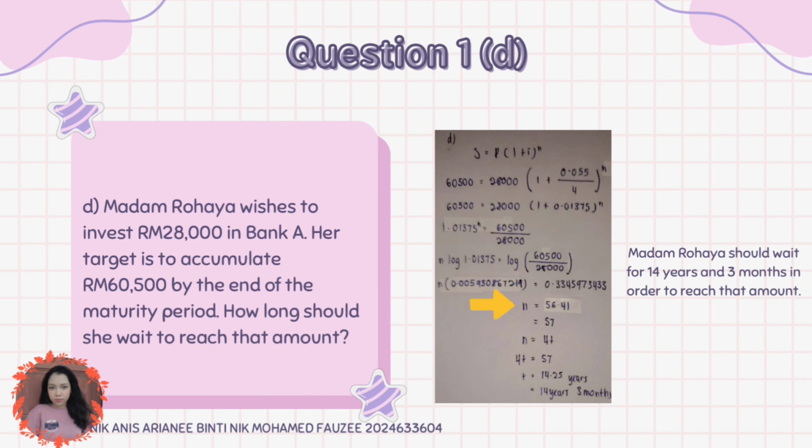After we round up, n equal 57 quarters. So for the small t it is 40.25 years. The final answer was 40 years 3 months.